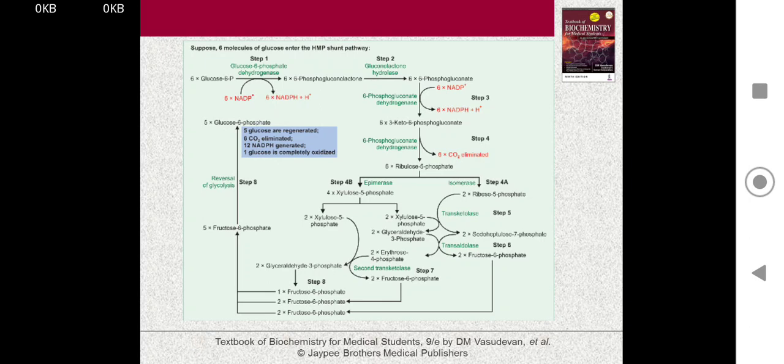In one reaction, it is converted into keto 6-phosphogluconate with the help of the enzyme 6-phosphogluconate dehydrogenase, which is transiently decarboxylated to form ribose 5-phosphate. Here from the 6 carbon unit, a 5 carbon unit is generated.